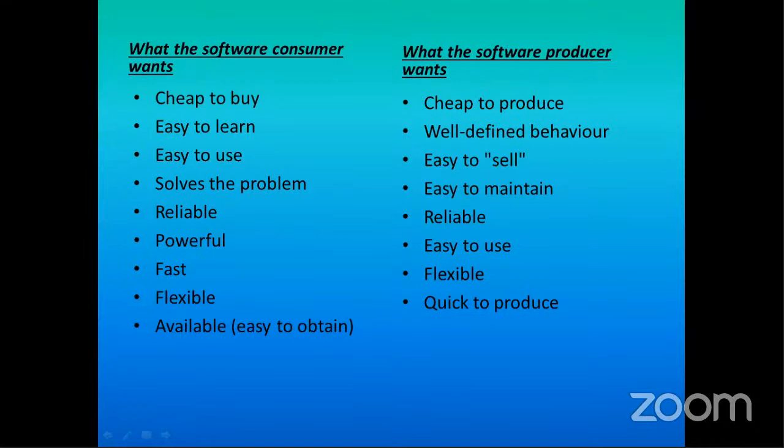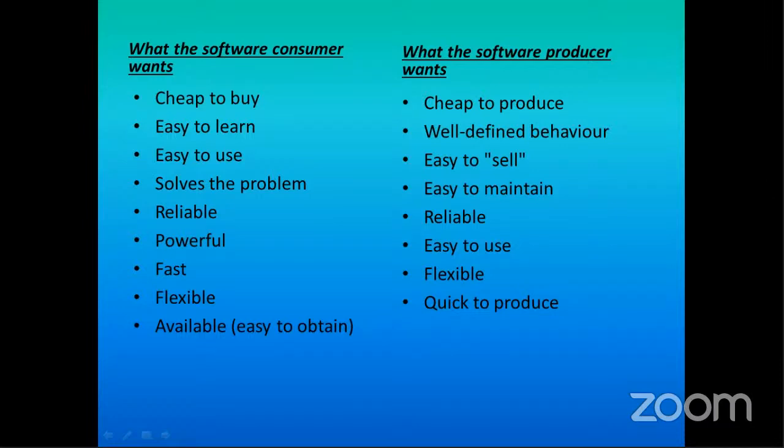Consumer, what do you want? I want cheap to buy. Okay. Producer? Cheap to produce. Consumer: easy to learn. Producer: well-defined behavior. Consumer: easy to use. Producer, for you, what do you want?